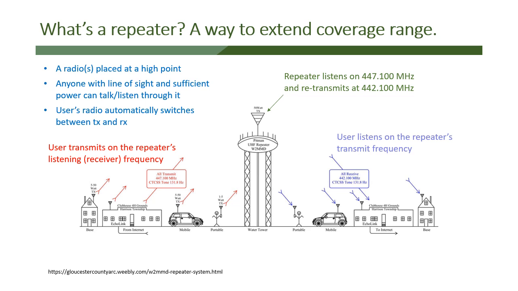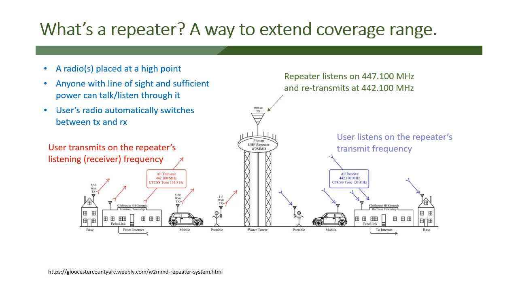So on the red, we see the user is transmitting in this example on the repeater's listening frequency, 447.100 megahertz. The repeater is going to be listening at 447.100 megahertz. And then it's going to retransmit at 442.100. And the person on the other end in blue, or purple if you want to call it purple, is going to be listening at 442.100.